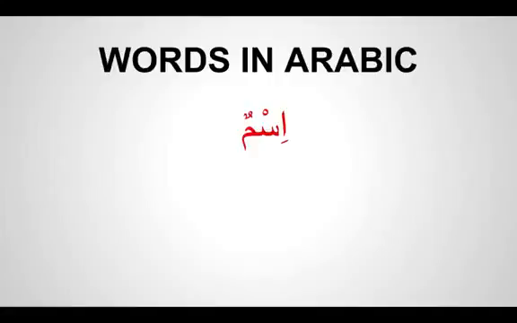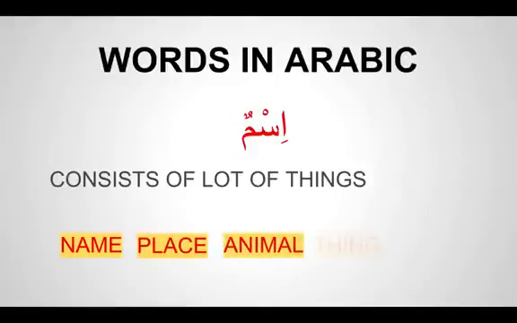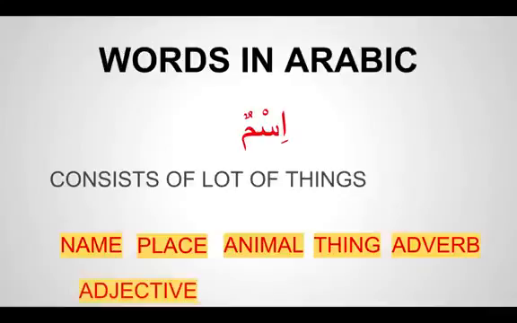Coming to ism. Ism contains a lot of things. There are so many things that come under the roof of ism. So what are those things? There's the name, place, animals, things or objects, adverbs, adjectives, and more. Inshallah we'll be slowly learning everything.